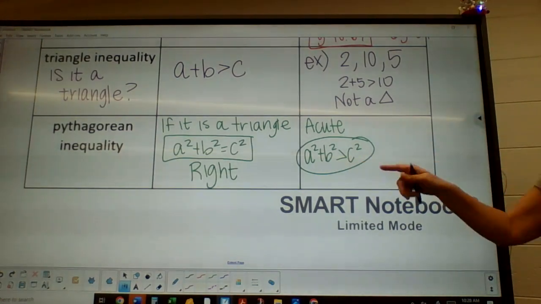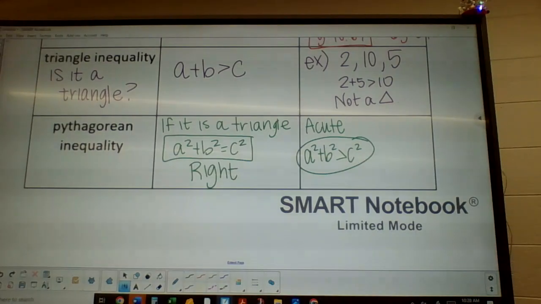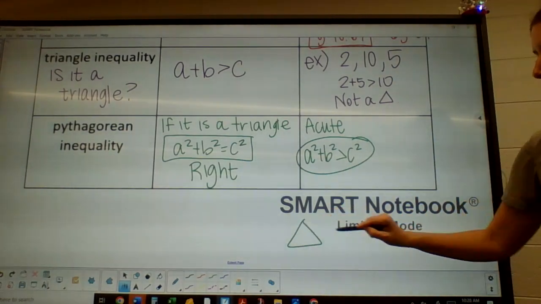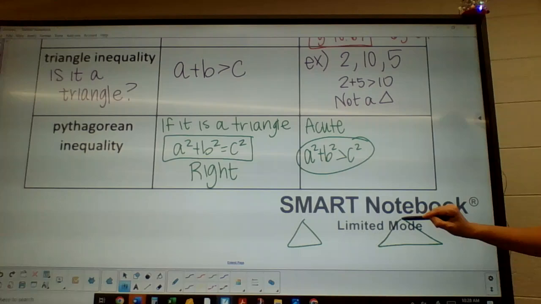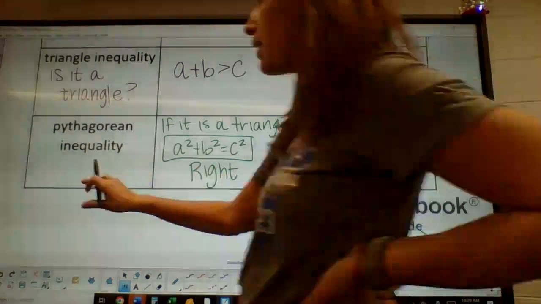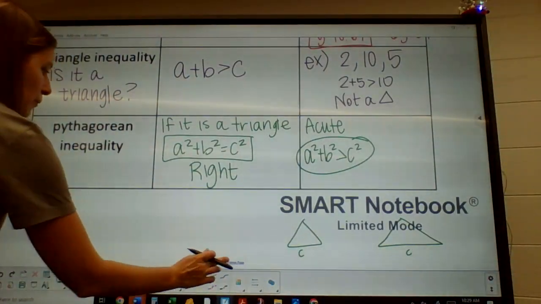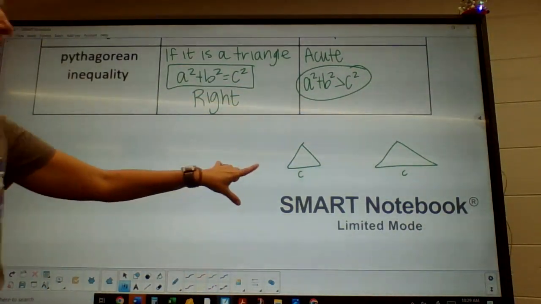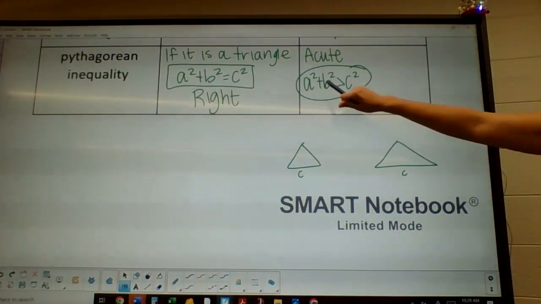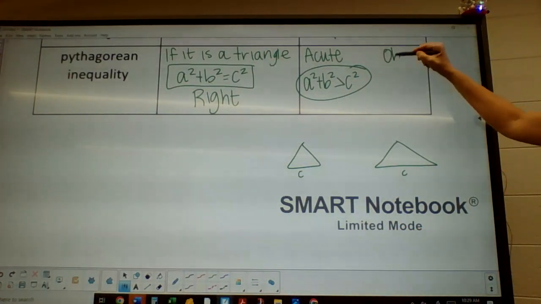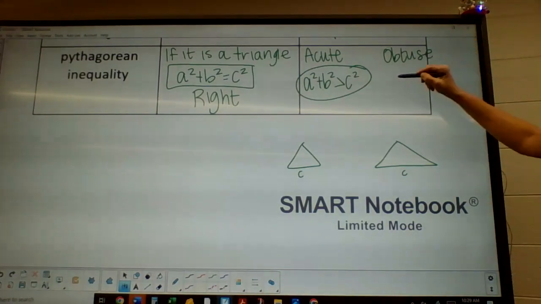In my opinion, that means c is shorter. If you're picturing an acute triangle versus an obtuse triangle, this is kind of saying c is shorter versus being longer. This is the way I picture it. To be acute, c squared is going to be less than a squared plus b squared, whereas if it's obtuse, c squared is going to be bigger.